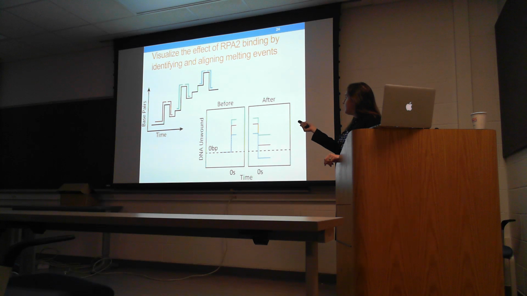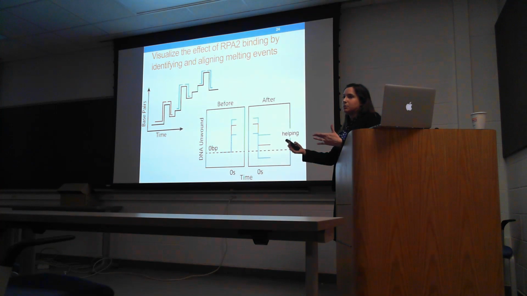And then I aligned the re-annealing of the hairpin in time in the after. And then I took a heat map of the results. So if there's a majority of events where we have more DNA unwound than we started with, that would indicate RPA2 is helping XPD to move forward.